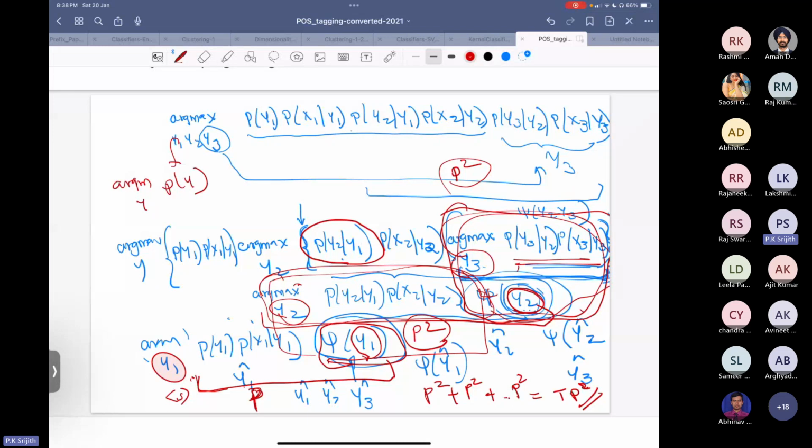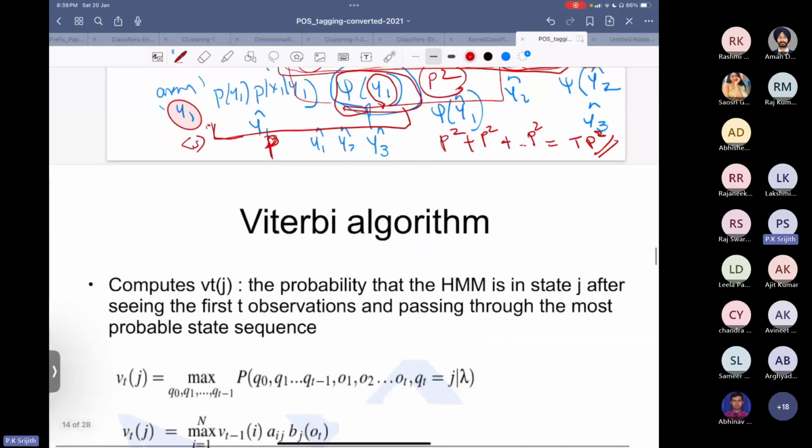So you perform argmax over y1 first, maintain a table of psi of y1, right? And then you combine that with P of y2 given y1, x2 given y2, etc., and perform an argmax over y2, and you keep going in that way. That's how it is described in the algorithm.